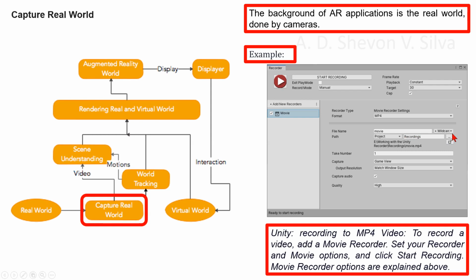By default, the path for your recording is relative to your project location, but Unity Recorder will store your recording anywhere you specify.